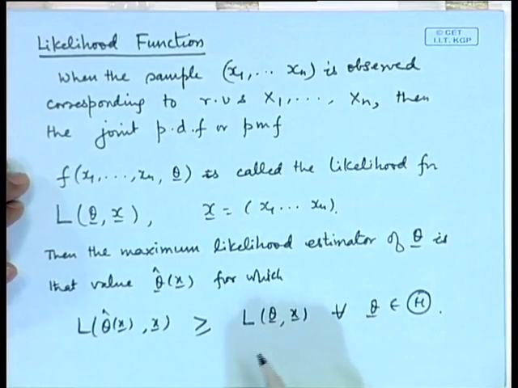So, basically it becomes an optimization problem, that means we have to find the extremum points of the likelihood function. Now, for that we may use the methods of calculus or any other analytical methods.